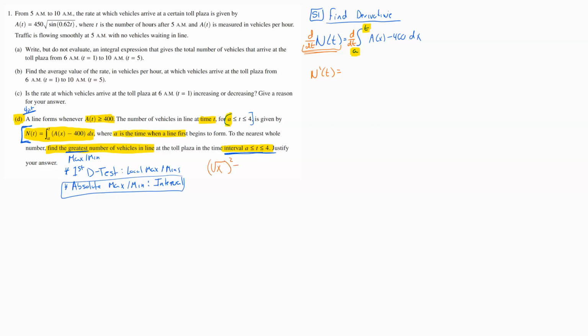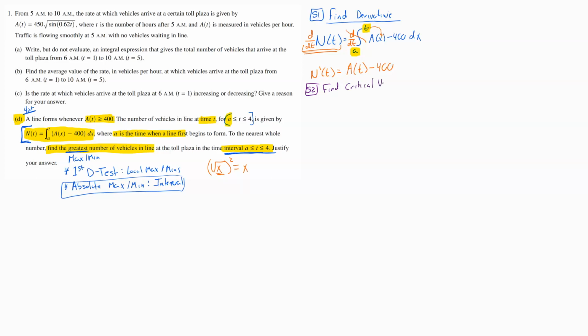They cancel each other out, and whatever's inside the top drops into our formula. So n prime of t equals A of t minus 400. That's our derivative equation. Then step 2 of finding an absolute max or min is to find the critical values.